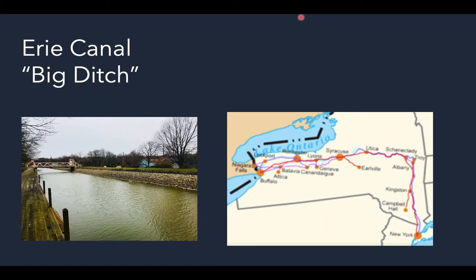American system. Lake Erie, all the way to New York. We're going to create the Erie Canal. Now, the Erie Canal is basically just a big ditch. It goes from Lake Erie into the land, and it connects with the Hudson River near Albany, New York. The Hudson River flows all the way to New York City.